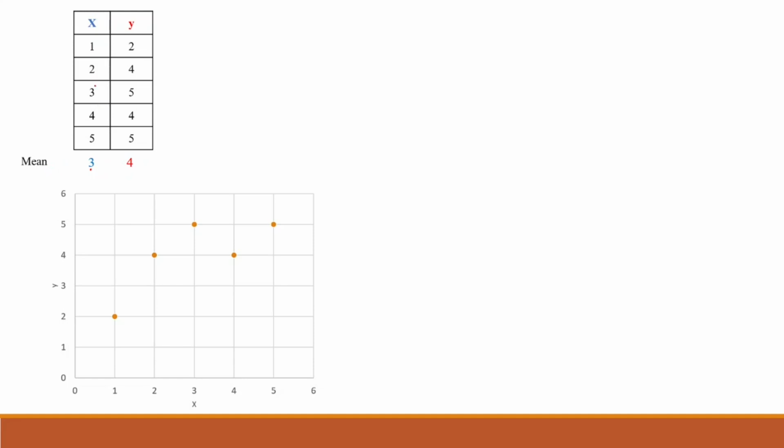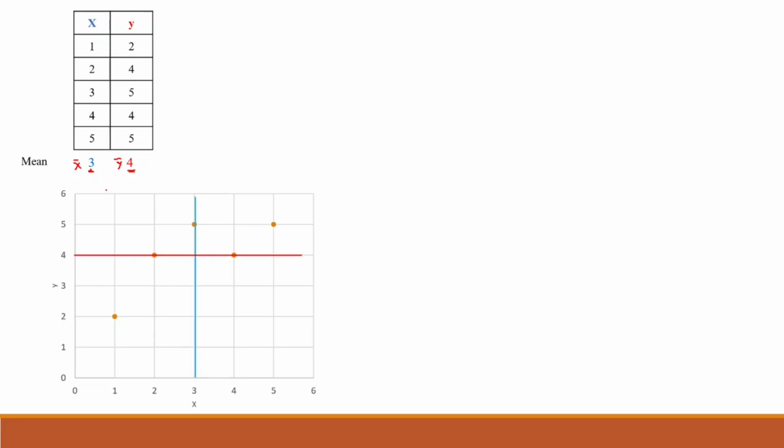If I add all these, it gives me 15. 15 divided by 5 is 3. And adding these gives 6 plus 10, 20. 20 divided by 5 gives 4. This is nothing but x bar and y bar, the mean of x and y.